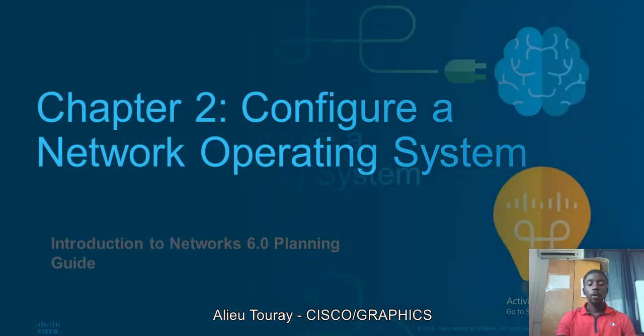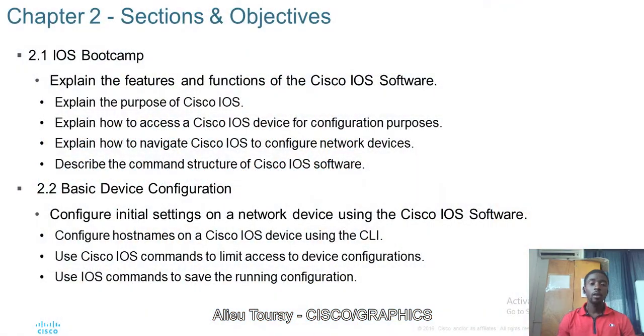Basically, what we expect to learn from today's chapter is that we'll explain the features and functions of the Cisco Internetwork Operating System software, that is the IOS, and its purpose. From there we do the basic device configuration, which we will have in the practical side.